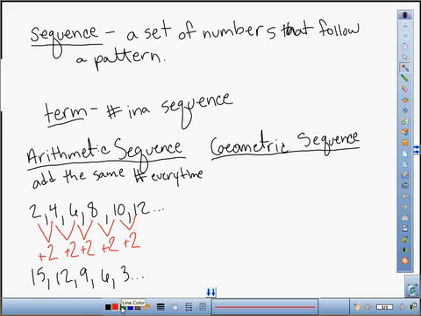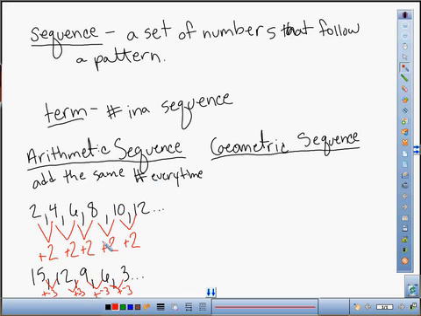That is still an arithmetic sequence, because subtracting 3 is the same thing as adding -3. So even if you're going down by the same amount every time, you're just adding a negative number. So this would be adding -3, but it's still an arithmetic sequence. We're changing by the same amount every time. Subtracting 3, subtracting 3, subtracting 3. That still falls into the arithmetic sequence.